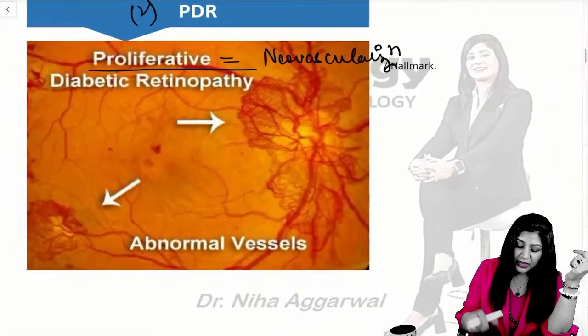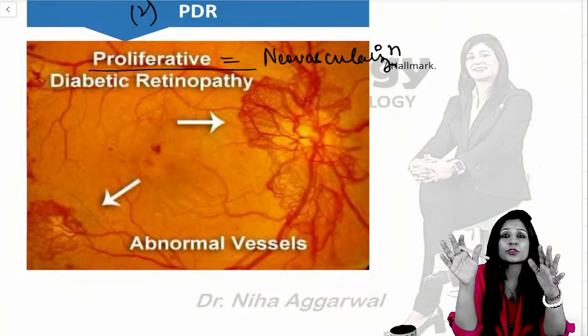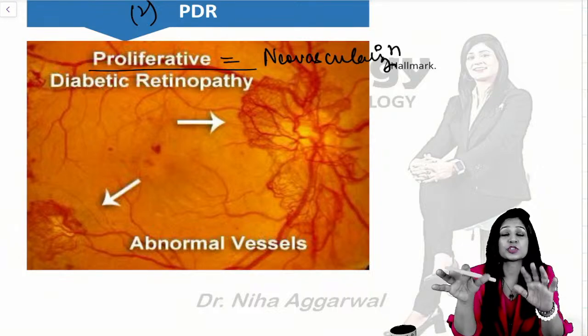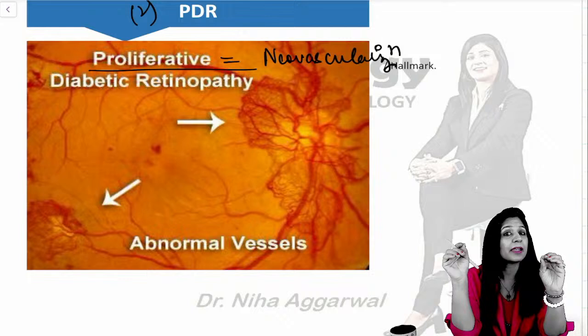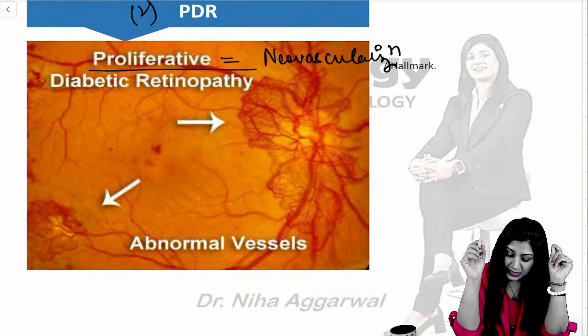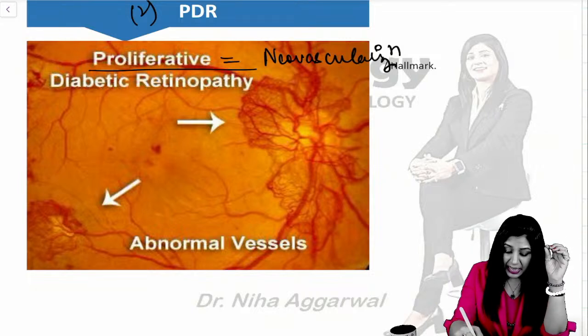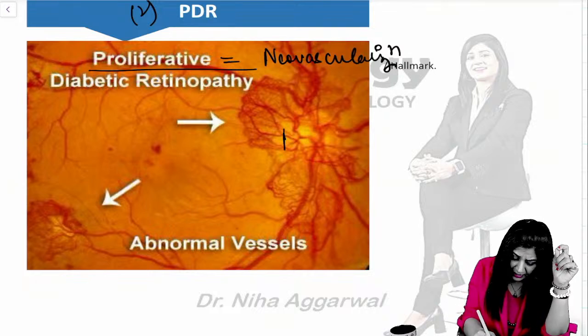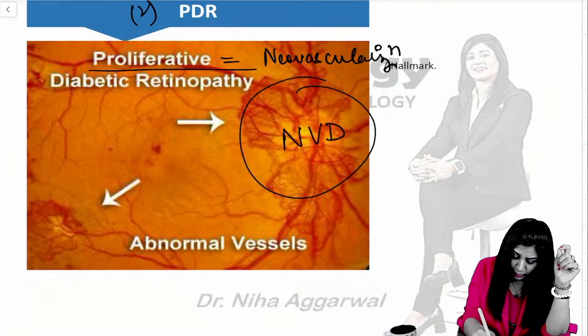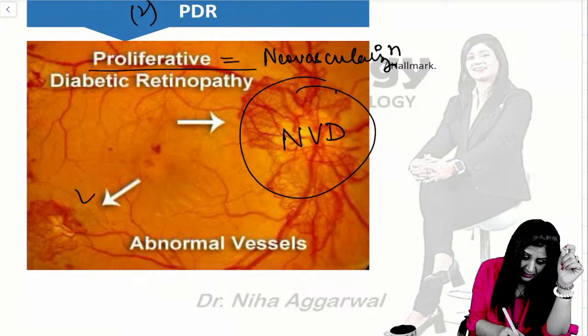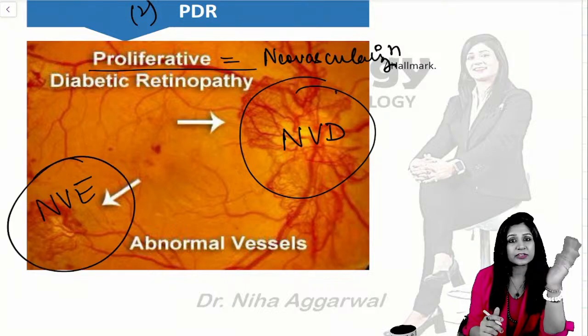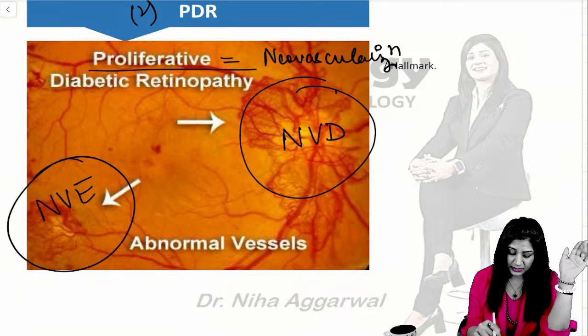So whenever we have the PDR, you always know that you will get the neovascularization. While the hallmark of NPDR is the microaneurysms, the hallmark of PDR is the neovascularization. And this neovascularization can be NVD, at the optic disc, or it can be NVE also. NVE means elsewhere, and NVD means at the optic disc.